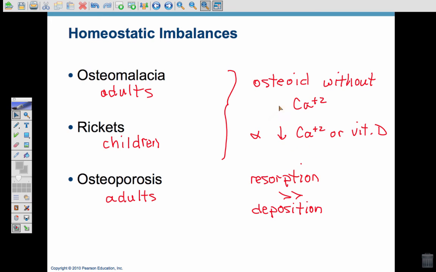And the result is that you have osteoid, but osteoid that's not ossified, filled and hardened with calcium phosphate. And this is what characterizes the two diseases, osteomalacia and rickets. Osteomalacia is what you would see in adults, rickets in children.